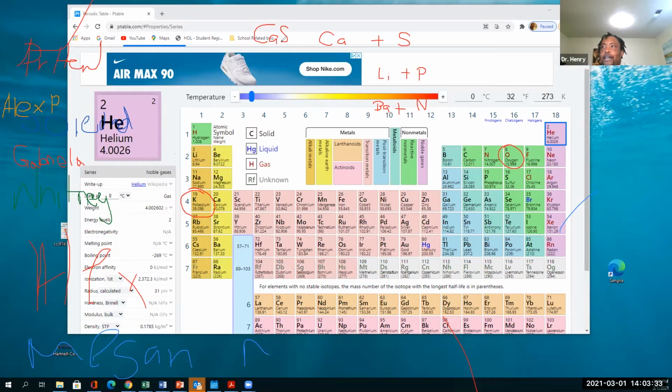Okay, what about the lithium phosphorus? You want me to answer that one too? No, I want somebody from room 2. Oh, you were room 2. I'm sorry, room 1. So Alejandro's group, I believe.